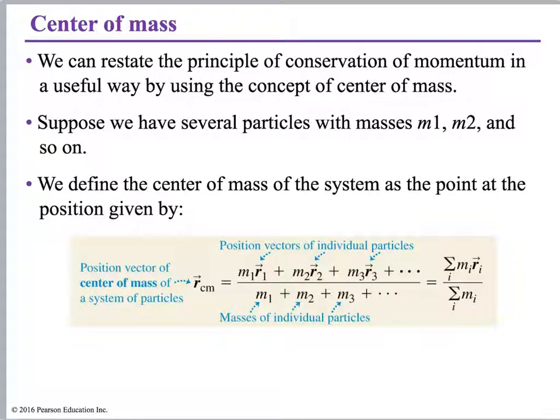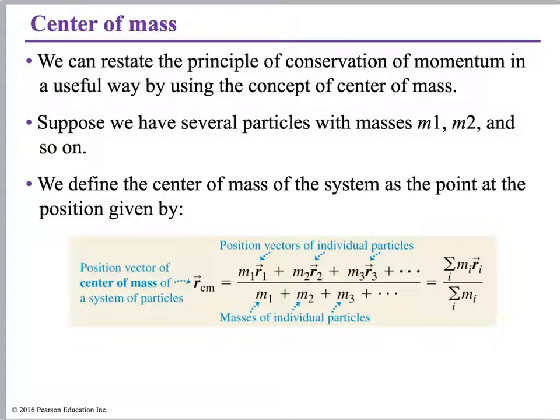And the center of mass can refer to either a collection of objects. So if we have several different little masses all spread over a space, a volume in space, we can find the center of mass of that collection. It's really the location, considering how much mass is at each location individually and where it's located.